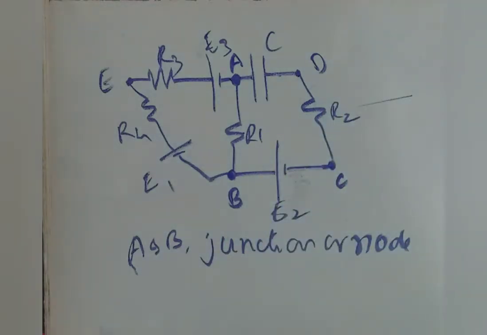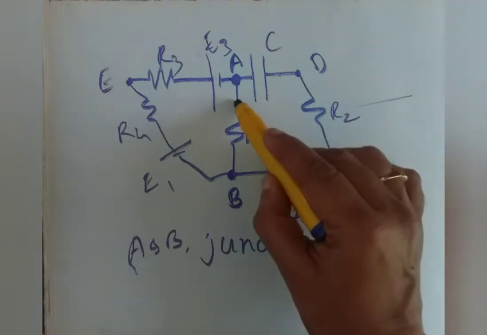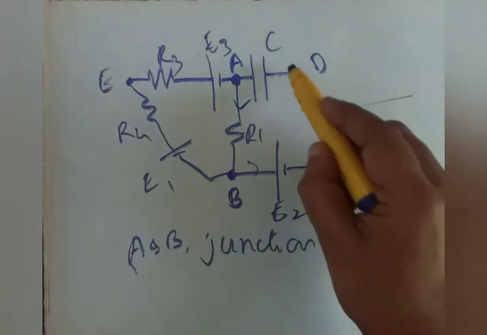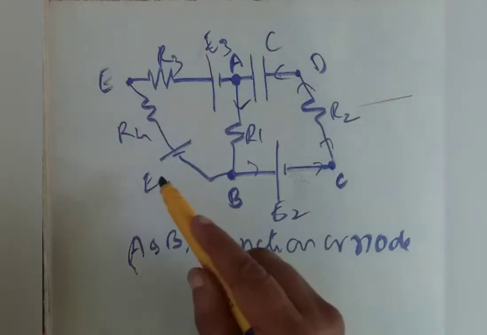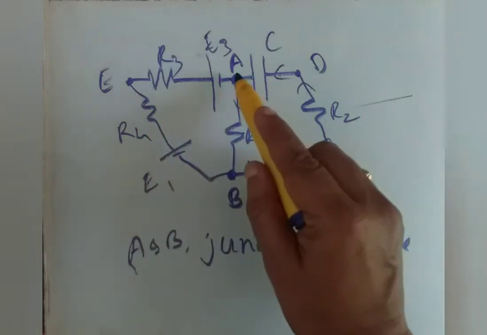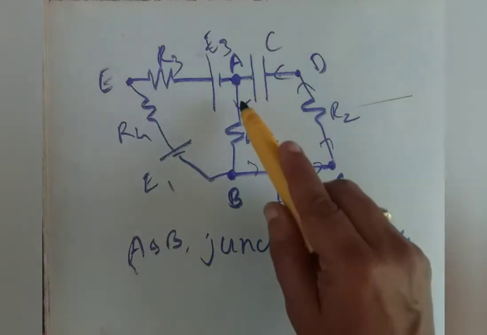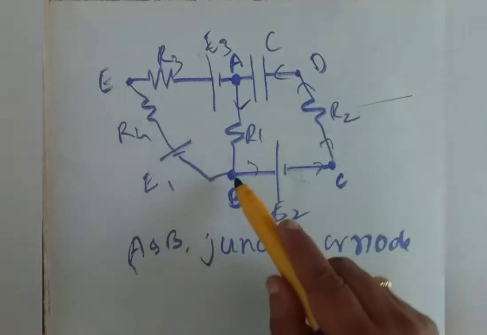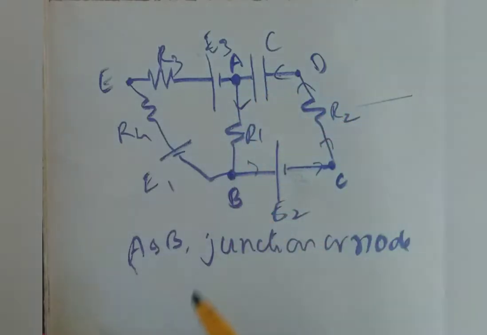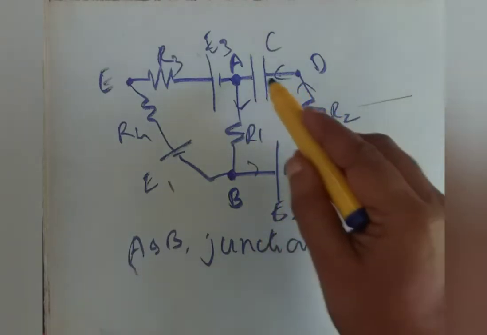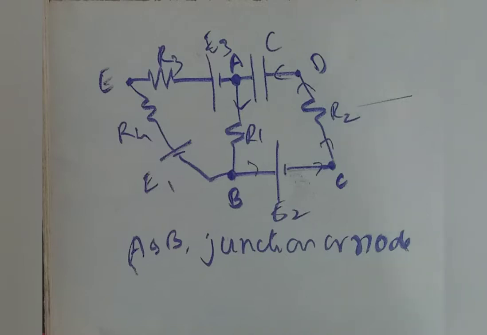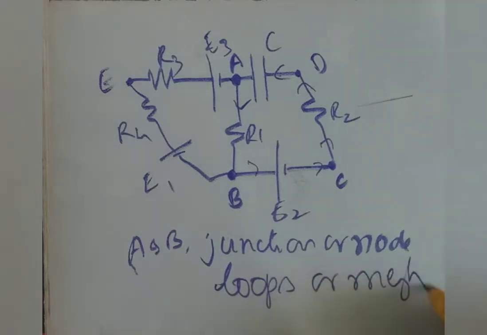Now at the same time, observe, if some current starts from A, it can travel back to A following the path A to B, B to C, C to D, D to A. In the same manner here also, it can start from B, B to E, E to A to B. That means if we start from any one of these points, say B, we can come back to B after traversing through C, D, A, or after traversing through E, A. That means these parts where we can come back to the same point without any breaks in between apart from the components are called loops or meshes in an electrical network.